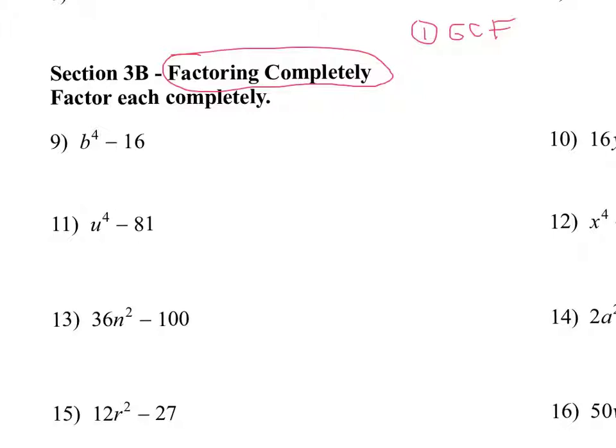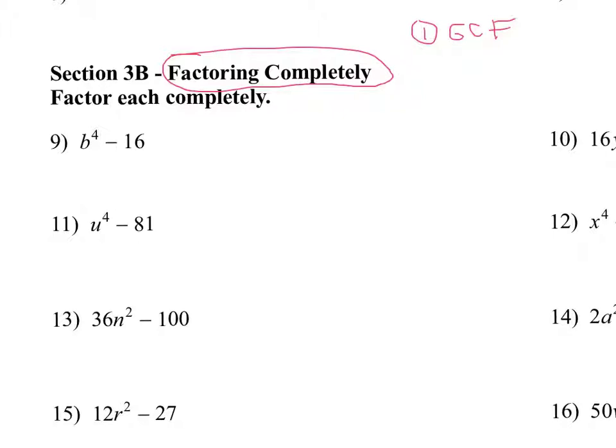Then see if you can factor what's left after you've done that, whether it's a trinomial factoring, or a difference of two squares, or if anything else can be factored further. But the first step is always factor the greatest common factor, and then finish factoring what's left inside parentheses.